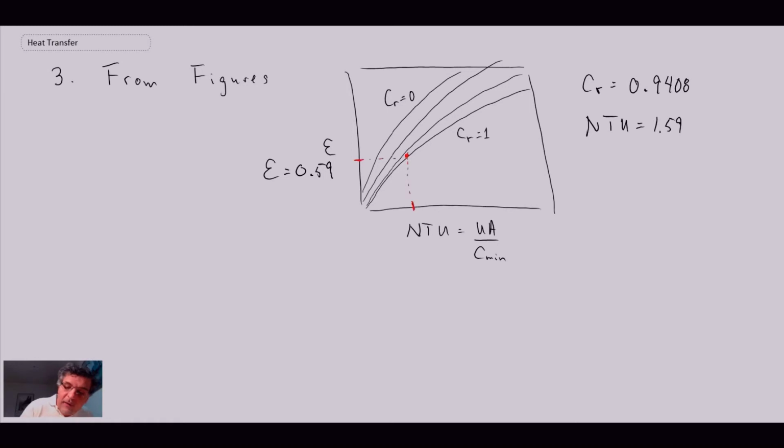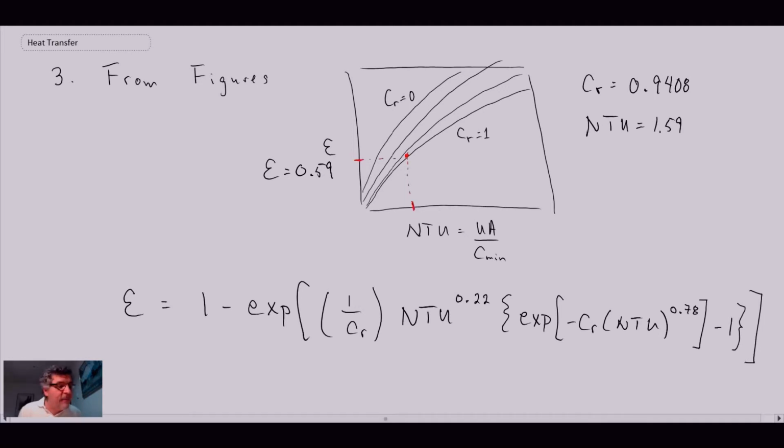You can also obtain it by using an equation, which is more accurate, but a little more laborious. Depending on how your eyesight is, it's not always easy to read these charts. Sometimes it's a lot easier to just plug and chug things into your calculator.